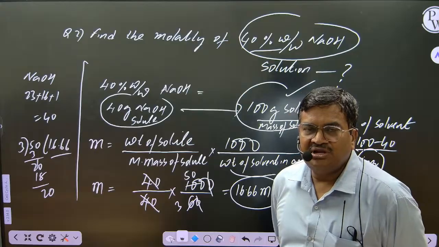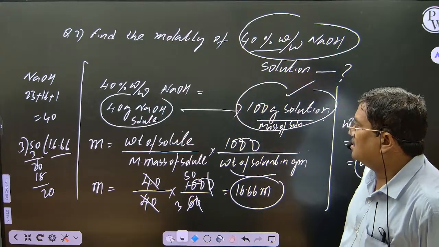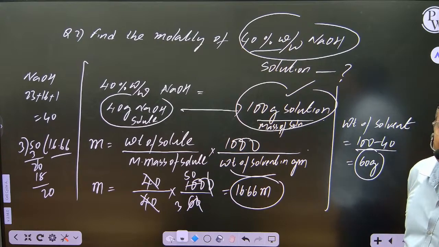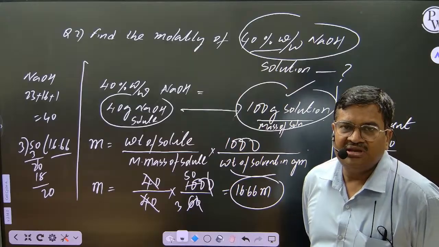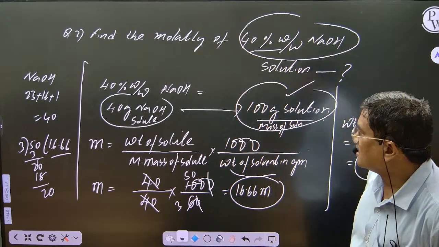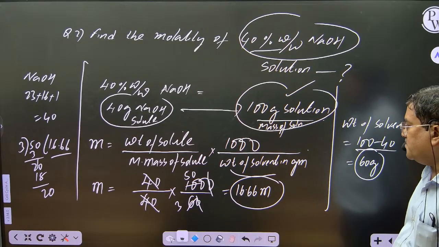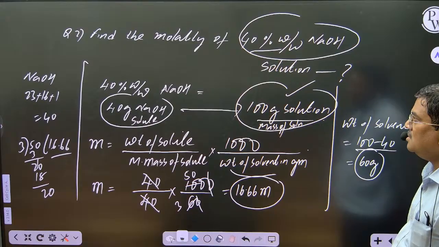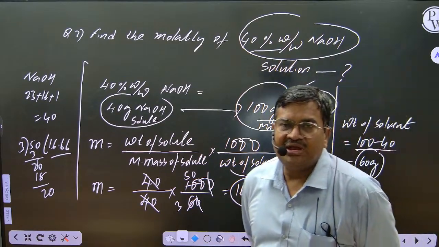Daily 20 to 25 questions you have to work on in chemistry. Conceptually you have to understand, and you have to start revising material. As soon as material is given, you have to work on that. Understood? With this, molality is completed.